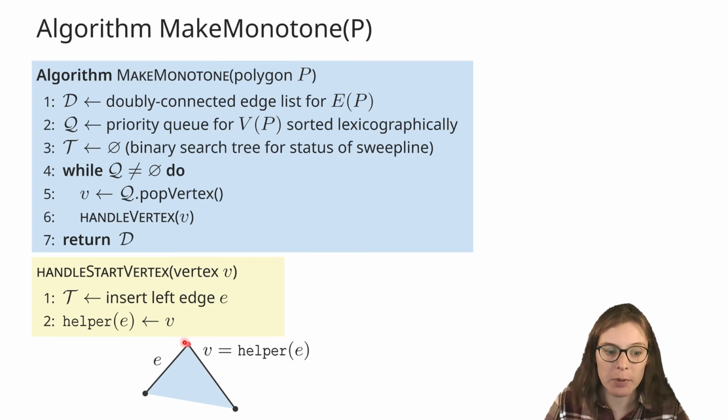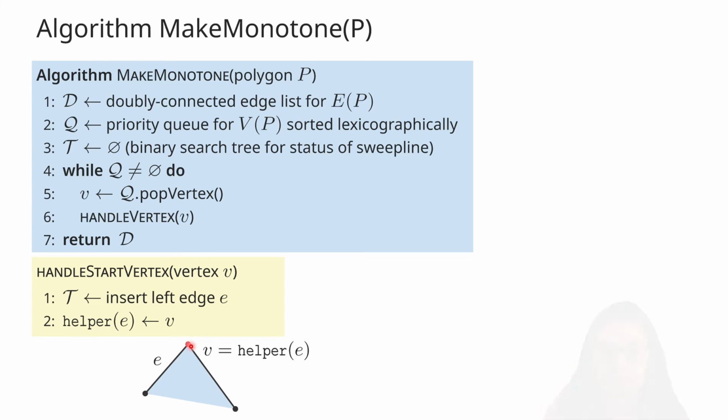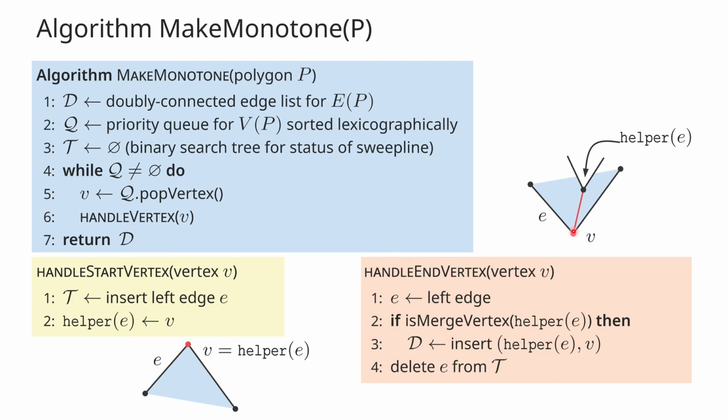Then we simply insert the left edge E into the status data structure, and we set V to be the helper of E. Next, if V is an end vertex, we want to check if the helper of the left edge E points to some merge vertex. If it is so, then we insert the diagonal from V to that merge vertex, and we delete E from the status data structure T.